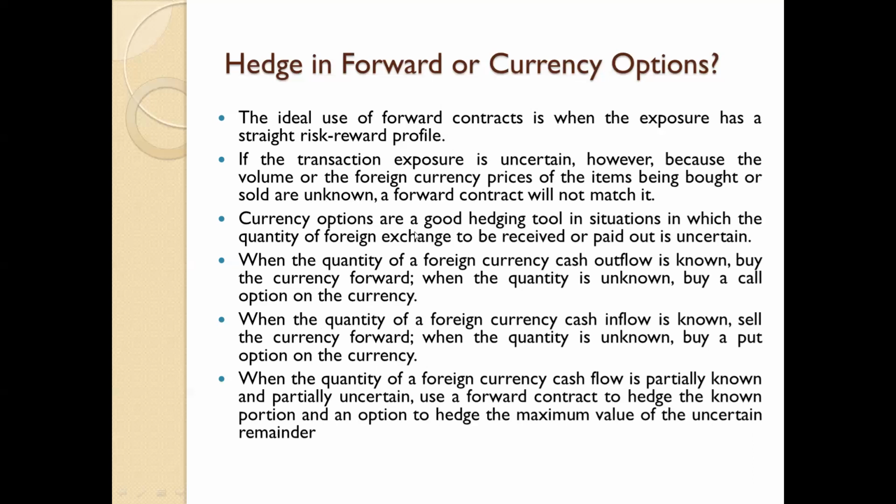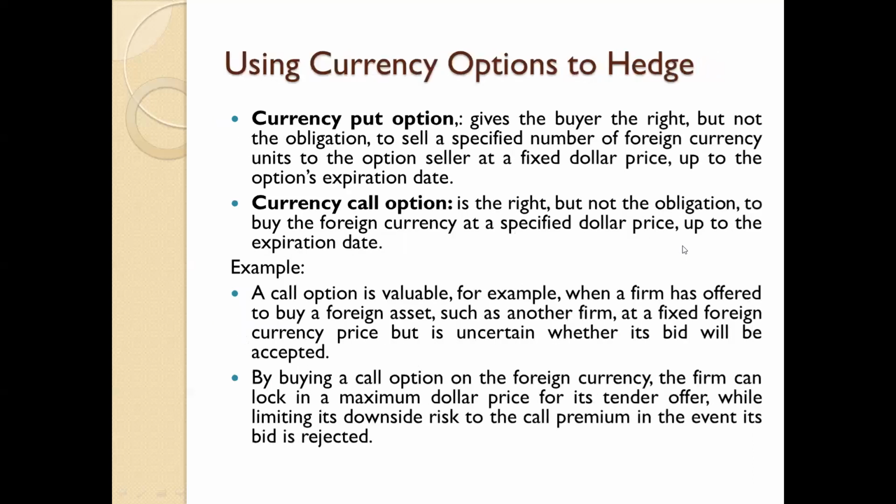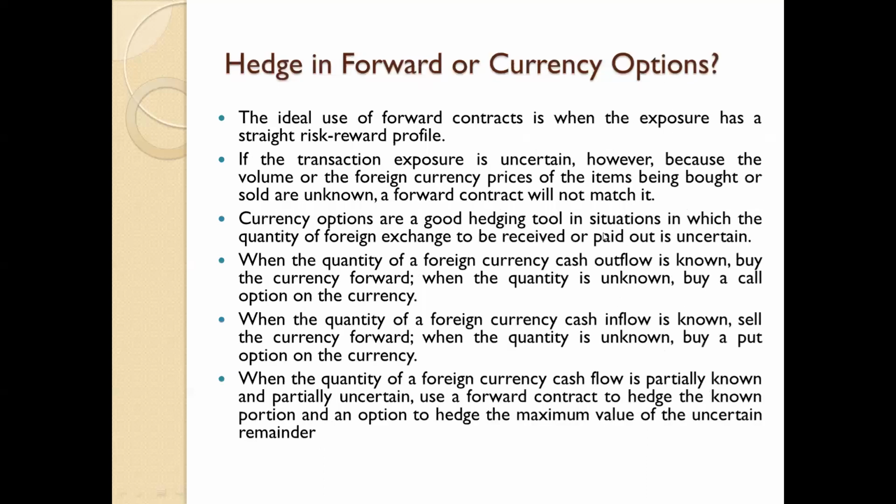Okay, so the currency options are a good hedging tool in a situation in which the quantity of foreign exchange to be received or paid out is uncertain. Until we receive the bid, we don't know whether we are going to pay that amount to buy this asset or not. Therefore, it is better to go with the currency option.